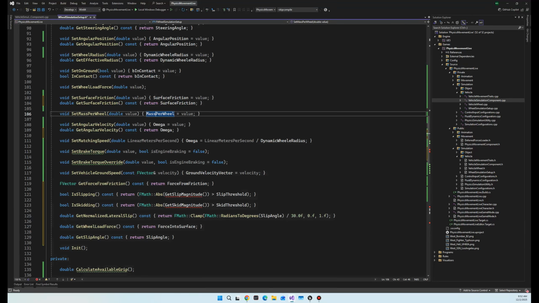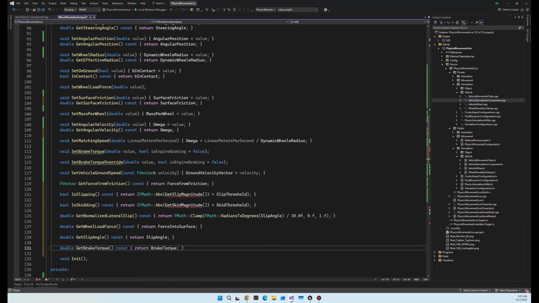All right, so let's go ahead and get the braking torque real quick. And then road speed, and I'm just going to bring all these in.